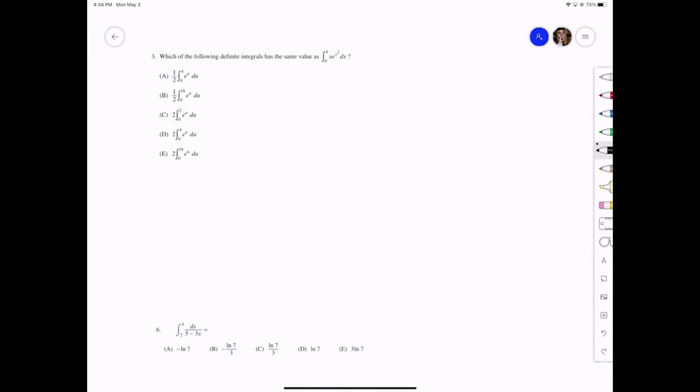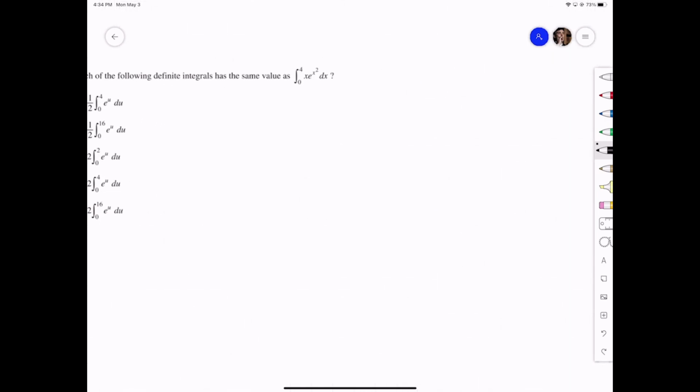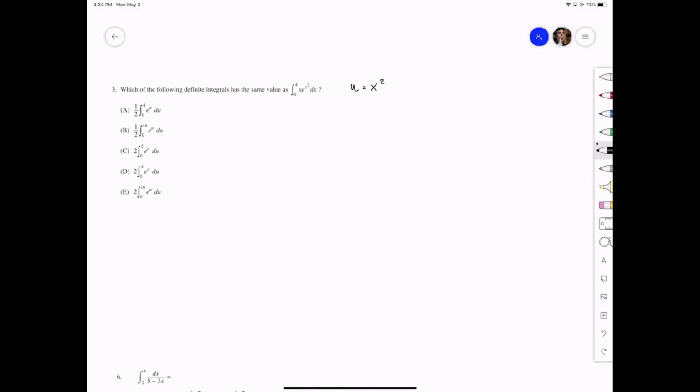Okay, so which of the following definite integrals has the same value as that? So we can do u sub. We can make u equal to x squared. So du equals 2x dx. So x dx equals du over 2.